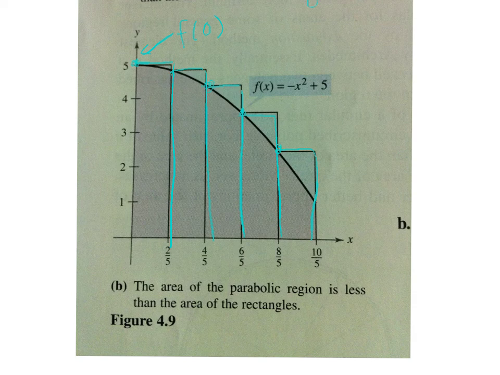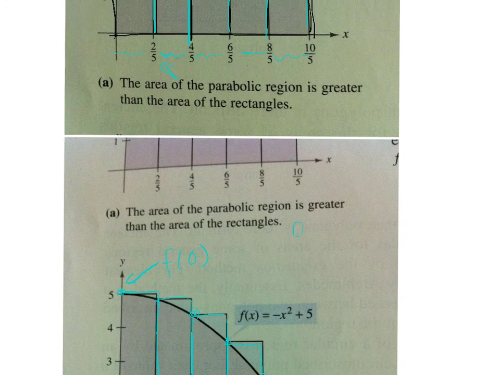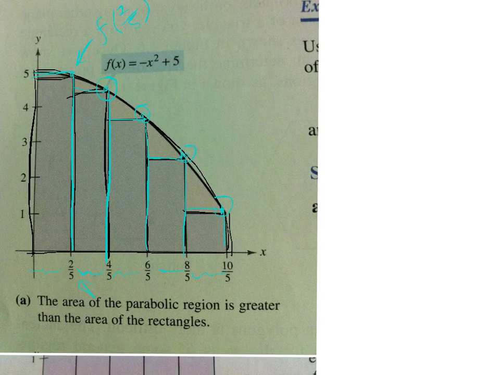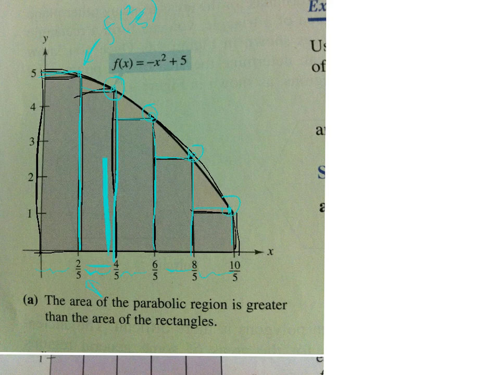So the first thing we need to do is look at our rectangles, and as we do this, we want to conceptualize, because yes, it's true, we could take 2/5 times the height plus 2/5 times the height plus 2/5 times the height plus 2/5 times the height plus 2/5 times the height, and add all of those up one by one, but that is hard work. We want to try and abstract that into a sum, and that's where the summation rules that we saw before come in handy.